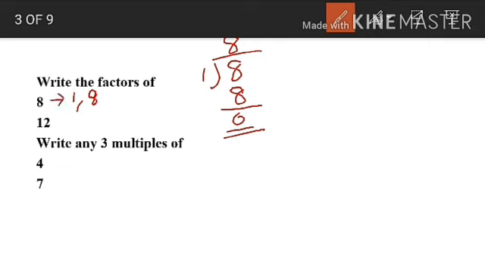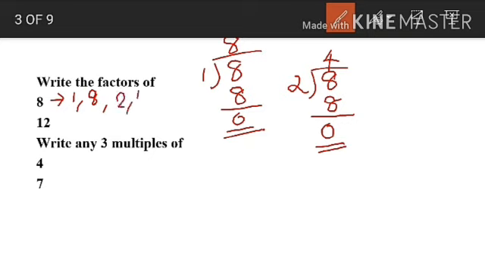Now let's divide 8 by 2. 2 into 4 is 8. The remainder is 0, that is, there is no remainder. When we divide 8 by 2, we get 4. So both 2 and 4 are the factors of 8.